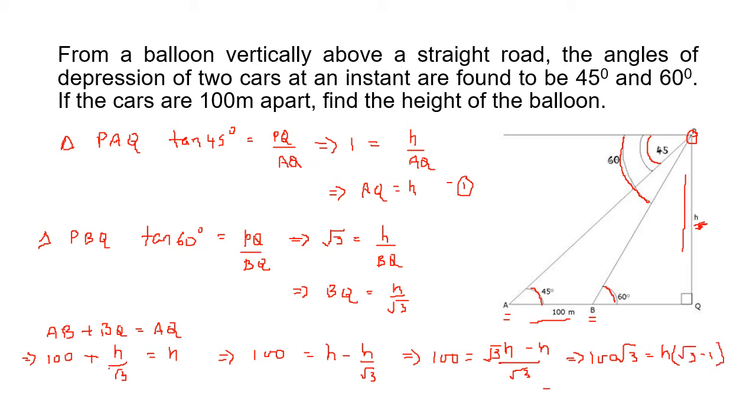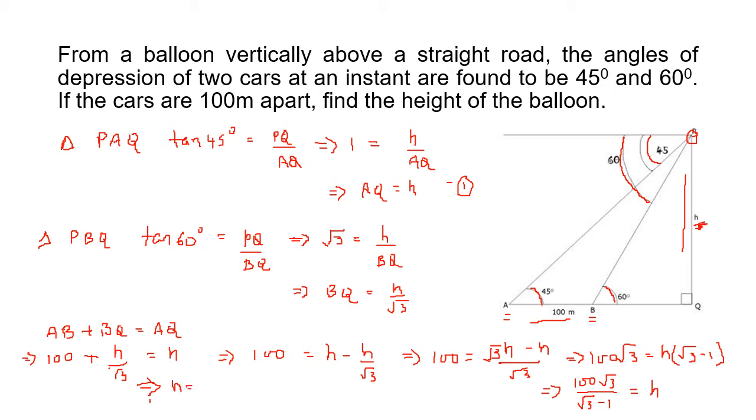So 100 root 3 upon root 3 minus 1 equals H. Once you reach here, we find the conjugate.